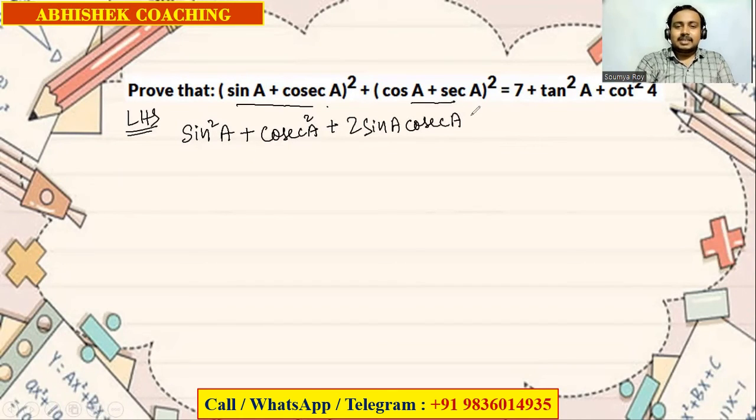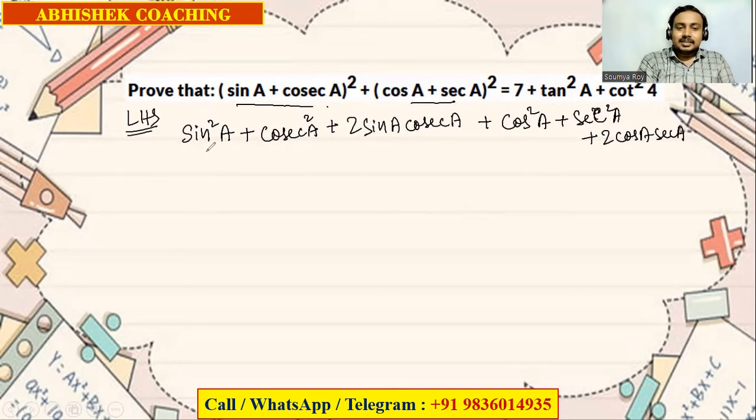Then let's break cos a plus sec a whole square. So we have cos square a plus sec square a plus 2 cos a into sec a.